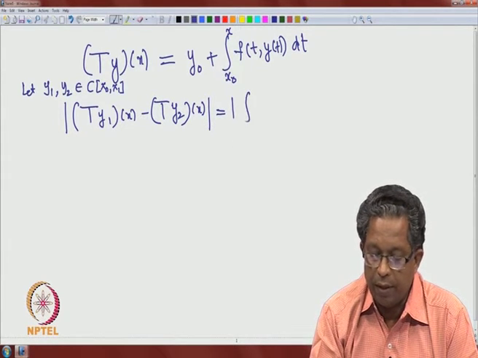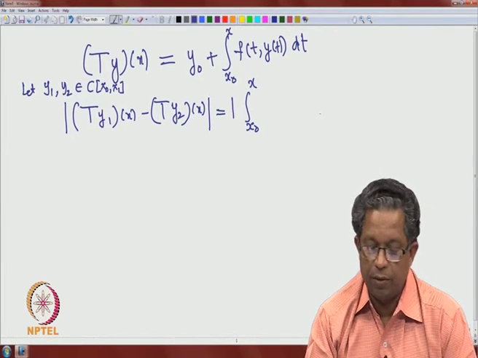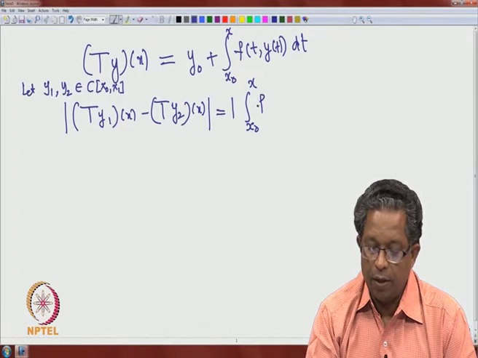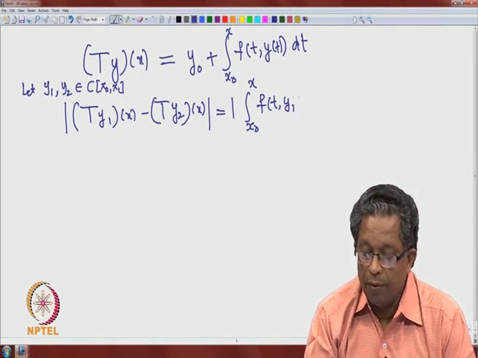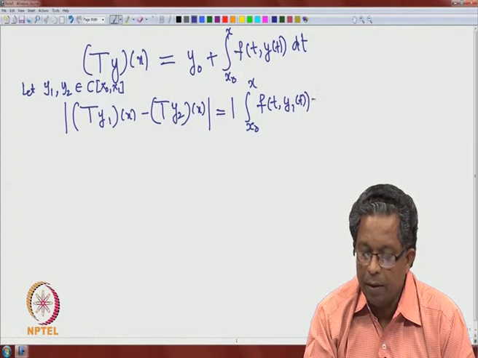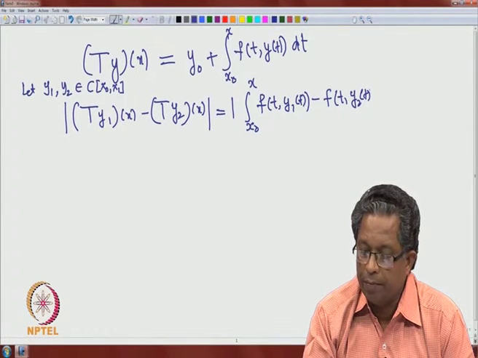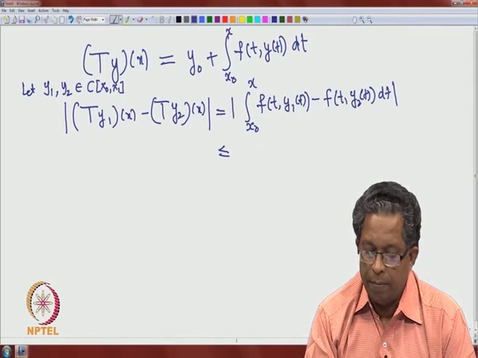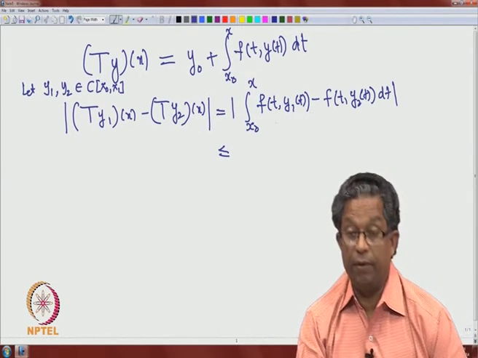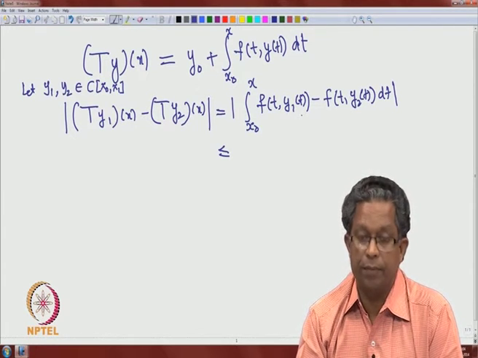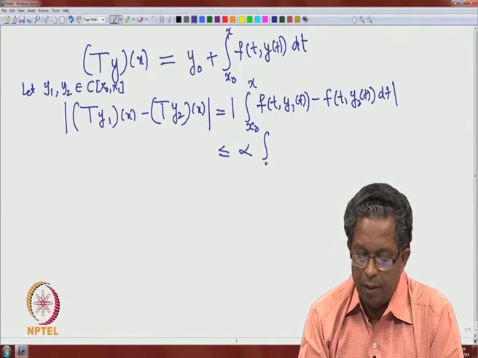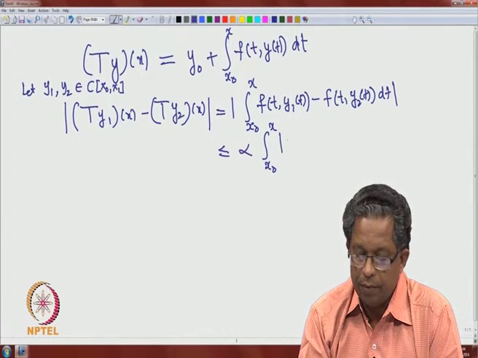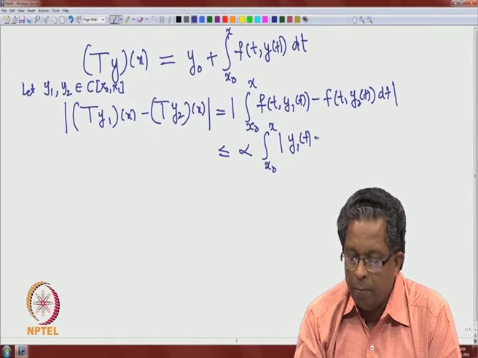Then we take this difference and the absolute value. This is the absolute value of the integral from x0 to x; y0 and y0 will get cancelled, and what we have is f(t, y1(t)) minus f(t, y2(t)) dt, and this is less than or equal to, by using the fact that f is Lipschitz continuous with respect to the second argument y, alpha times integral x0 to x of |y1(t) minus y2(t)| dt.